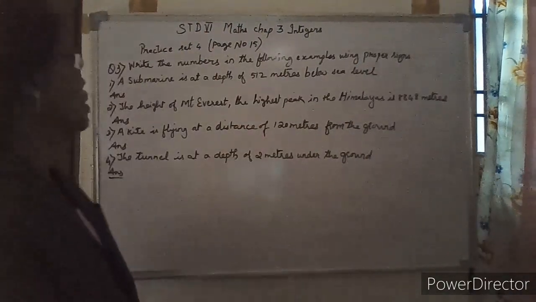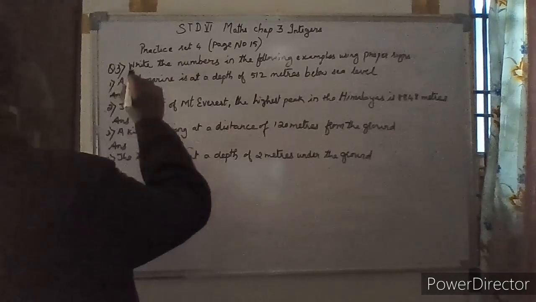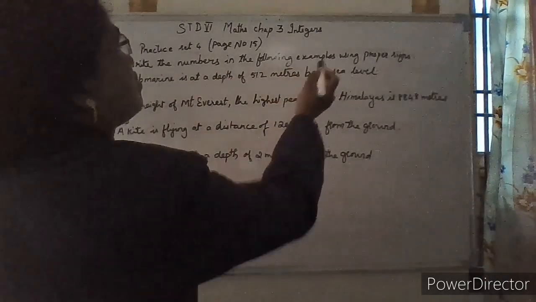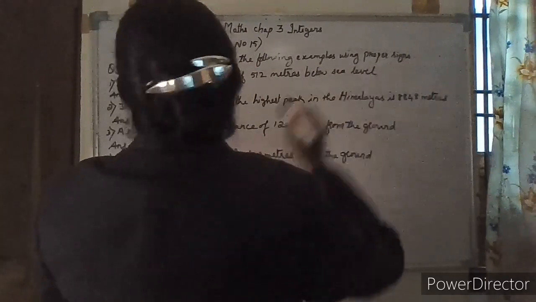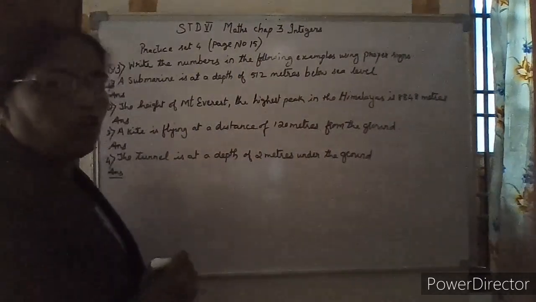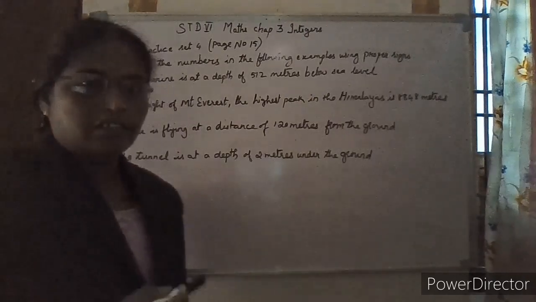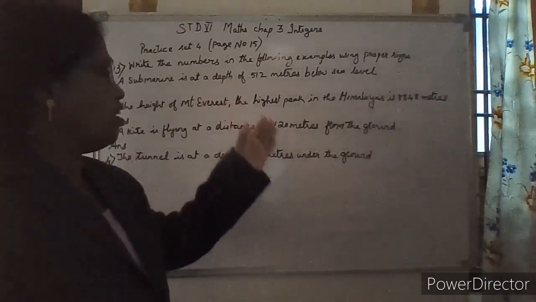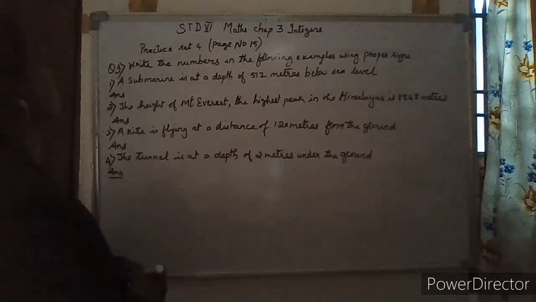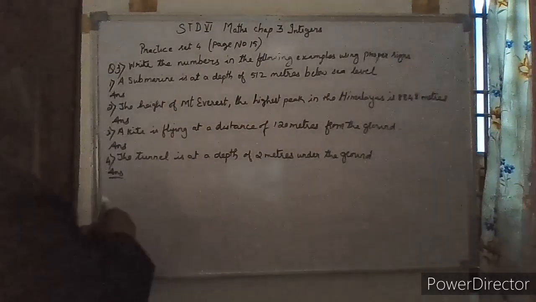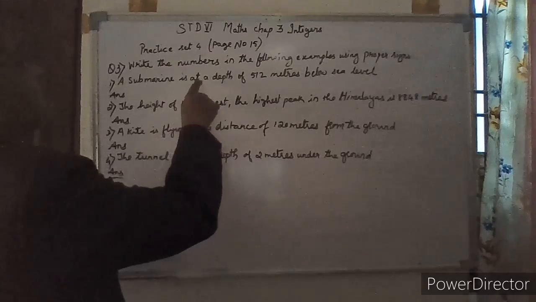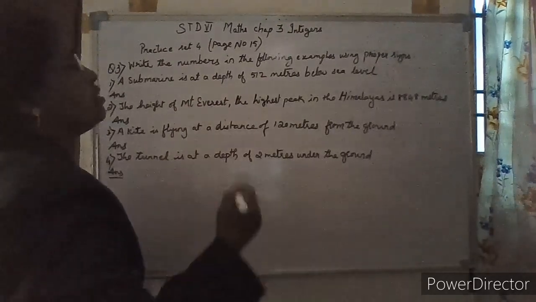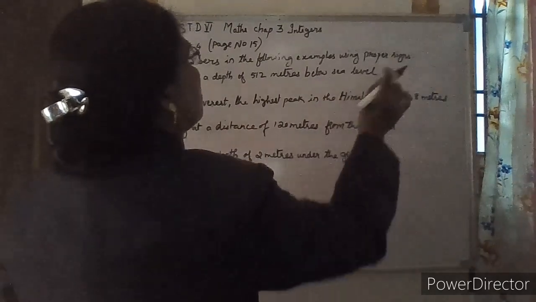Let us start with the third question. The question is: write the numbers in the following examples using proper sign. As you have done the second question, in the same way do this question, but it is given as a statement. Now look here. The first one is given: a submarine is at a depth of 512 meters below sea level.